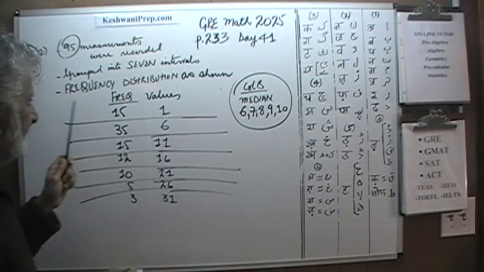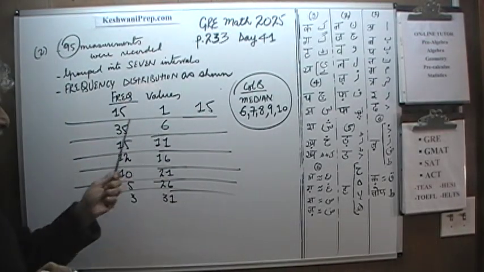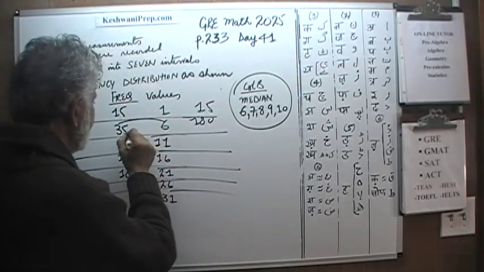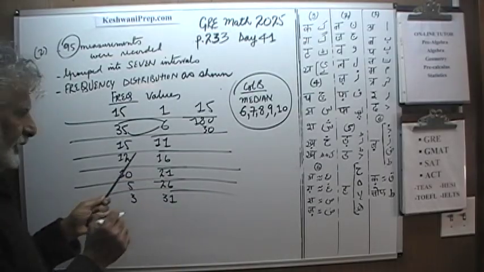So 15 times 1 is 15. We need 35 times 6. 30 times 6 is 180. And 6 times 5 is 30. 15 times 11, 15 times 10 is 150.